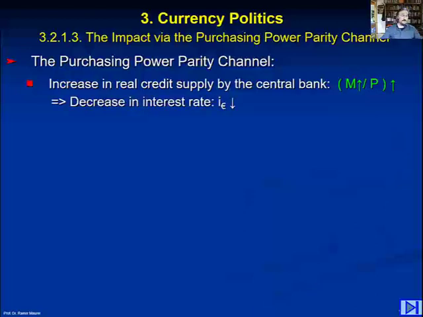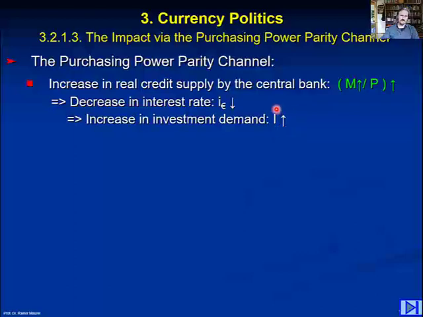The primary effect is a decrease in the domestic market interest rate, the average domestic market interest rate. Now this causes, under normal assumptions, an increase in the domestic investment demand.